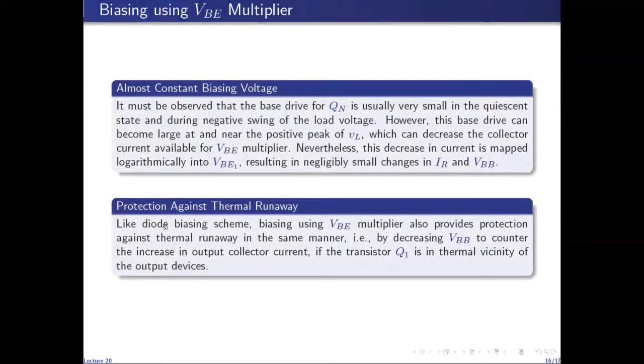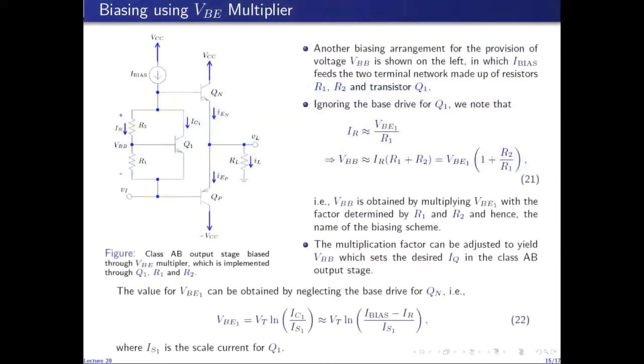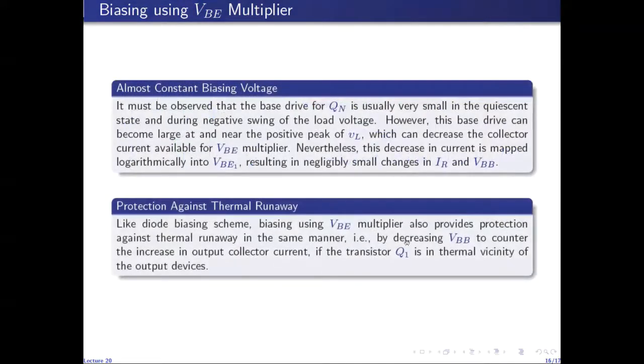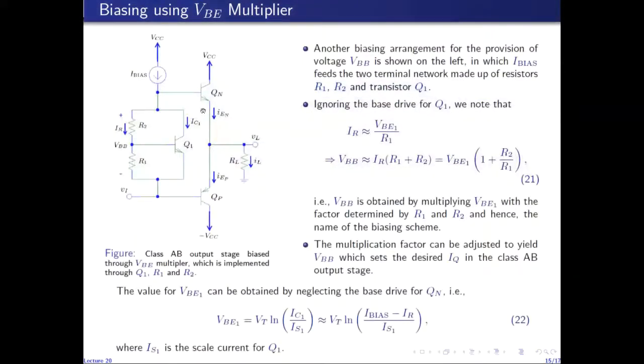Furthermore, like the diode biasing scheme, we can see that this biasing scheme also provides protection against thermal runaway. In exactly the same manner, VBB will decrease to counter the increase in output collector current if transistor Q1 is in thermal vicinity of the output devices. So if the temperature of the output devices increases, then at constant VBE, the collector current will increase.